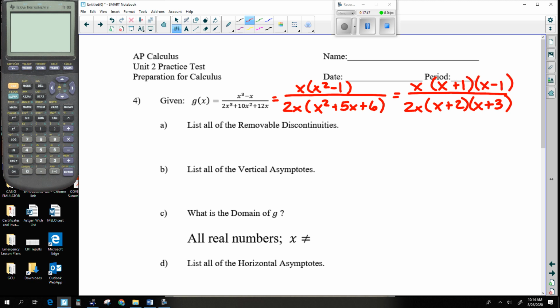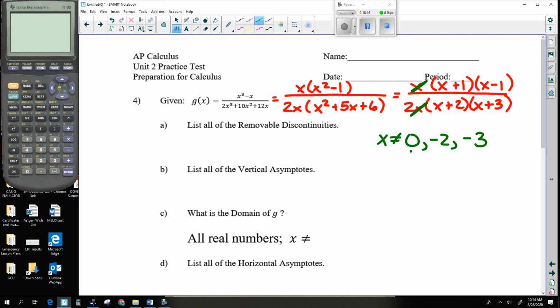All right, right now, I see that x cannot be equal to 0, negative 2, or negative 3. Those are off limits. However, which ones are vertical asymptotes, and which are removable discontinuities? I can see that I can cancel that.